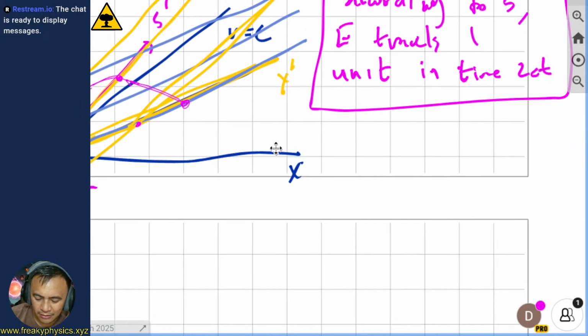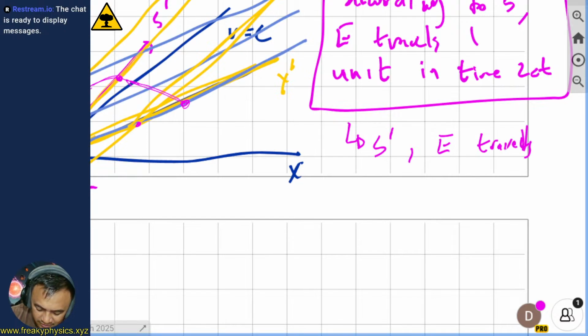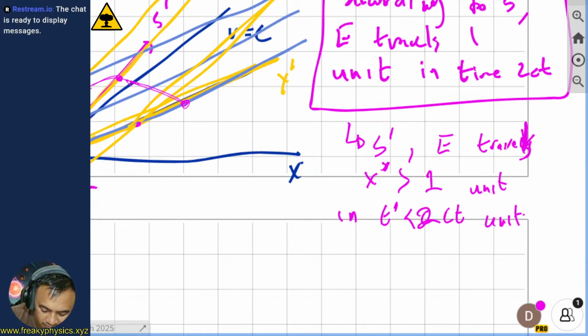Okay, now what this basically tells us is that in S prime, E travels X prime, which is greater than 1 unit, in T prime, less than 2 CT units.